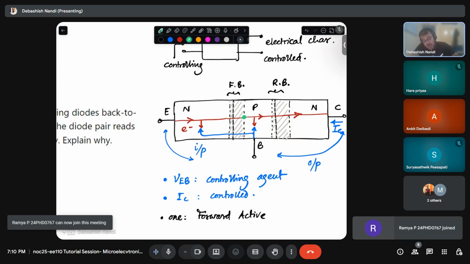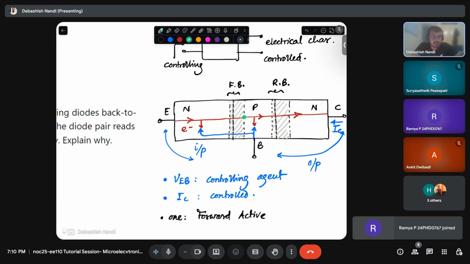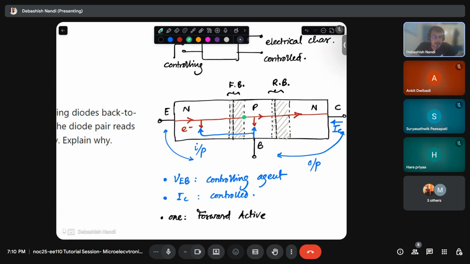The question is, how will this electron move in the p-type region? By recombining with holes, right? So if it recombines with holes, the concentration of that electron will reduce. Whatever excess electrons come at this point, if you plot the concentration with respect to distance, it will reduce basically exponentially. This we have seen, right?